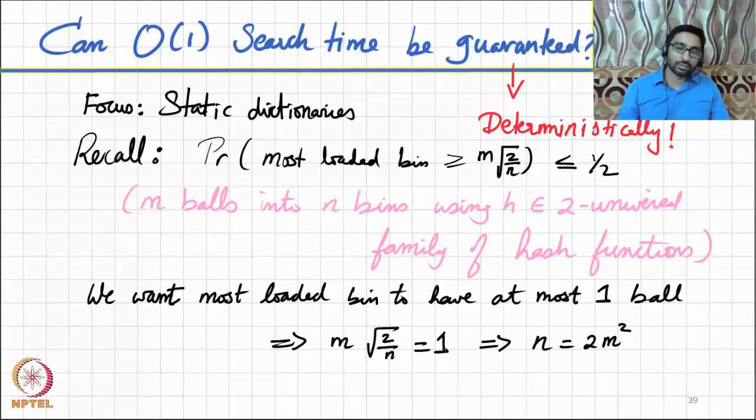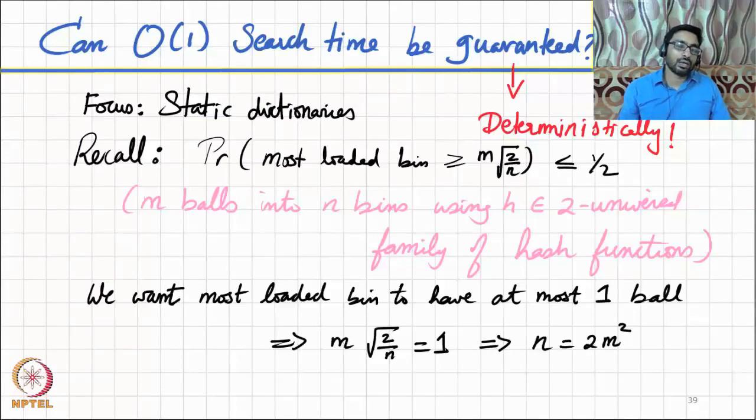And this will mean that n has to be at least 2 times m squared. And when we set n equal to 2m squared, the probability with which we get a search time of 1 is at least a half.